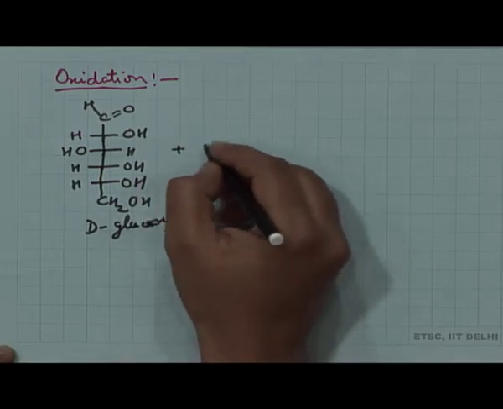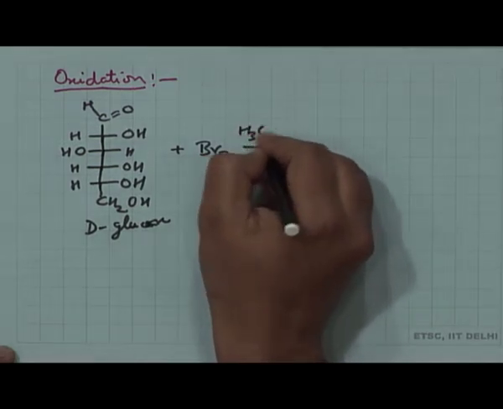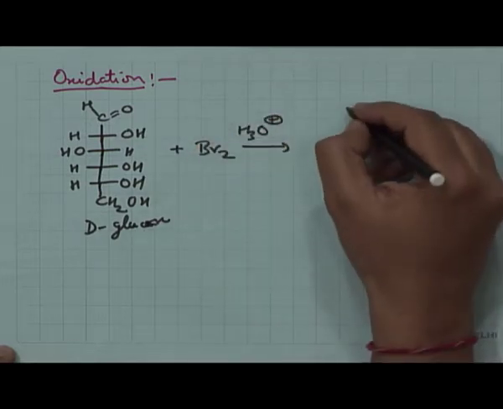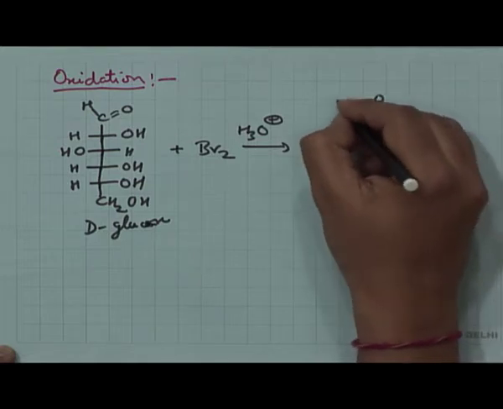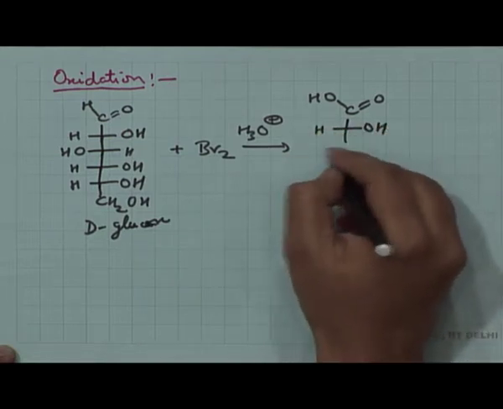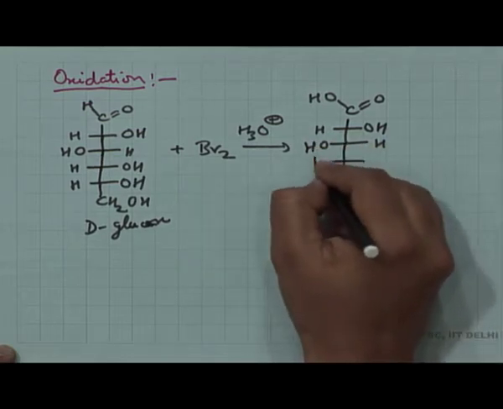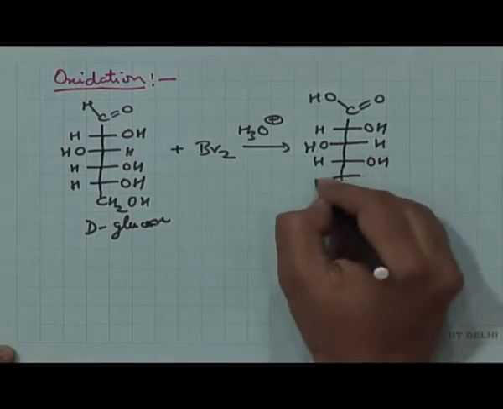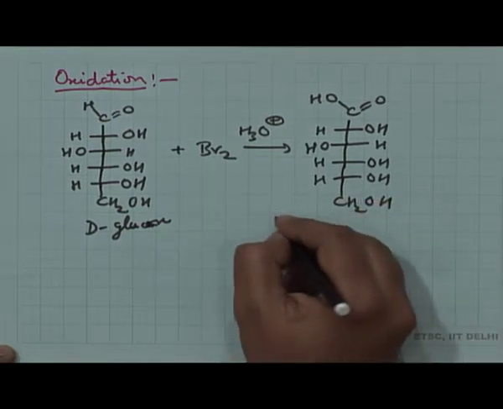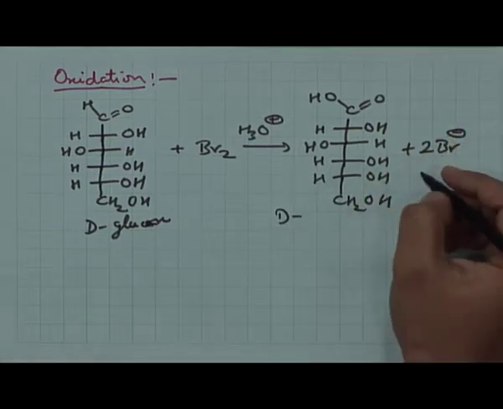D-glucose in presence of bromine water gets converted, the aldehyde group gets oxidized to the carboxylic group, and it gives D-gluconic acid, as well as it generates bromide ion in the reaction mixture, which is colorless.